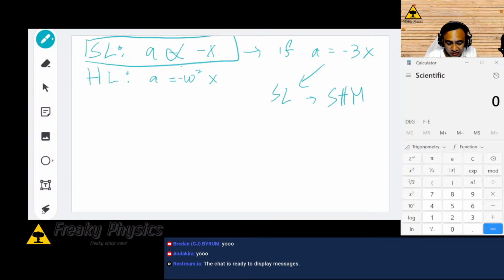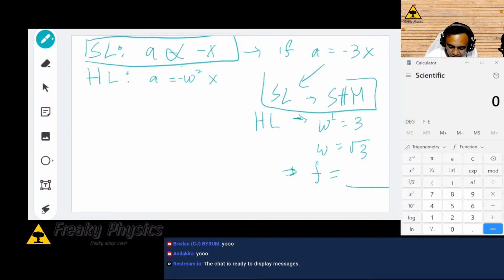In HL, just so we know what the difference would be, you would be expected to say that omega squared is equal to 3, then omega equals square root of 3, then solve for frequency from there. So for you, all you have to do is identify from the equation whether it's simple harmonic motion or not.